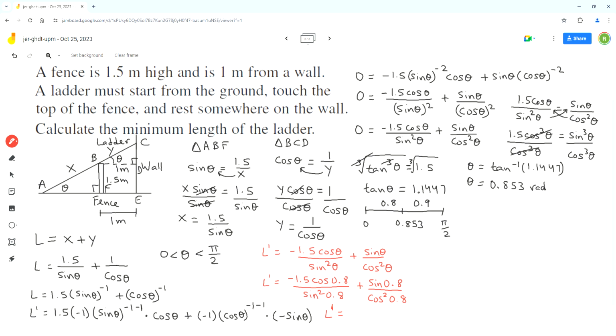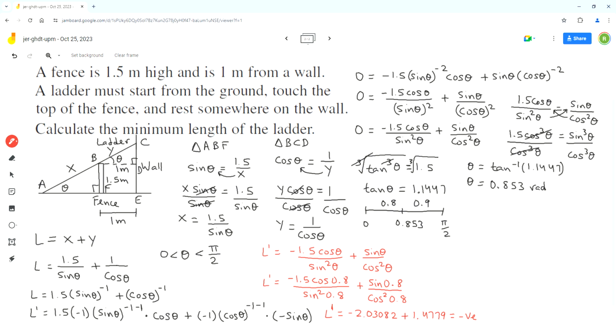Now we can evaluate this expression. I got negative 2.03082 for the first term and 1.4779 for the second term, and if we combine these two numbers we get a negative value.